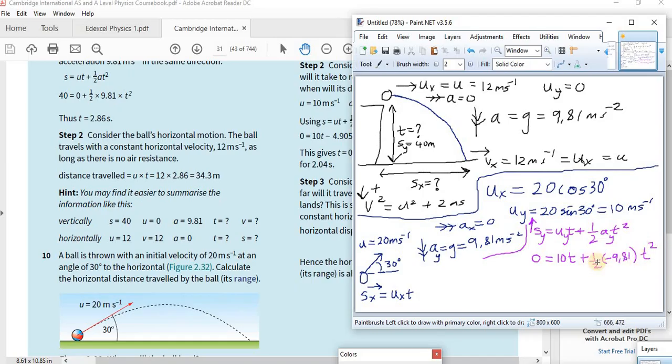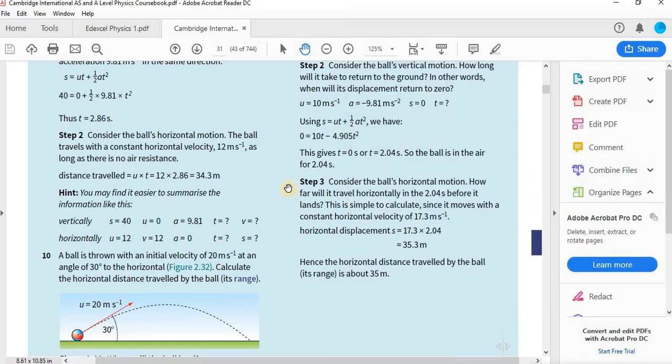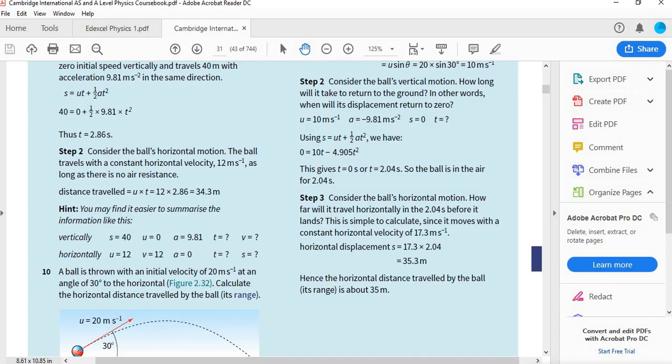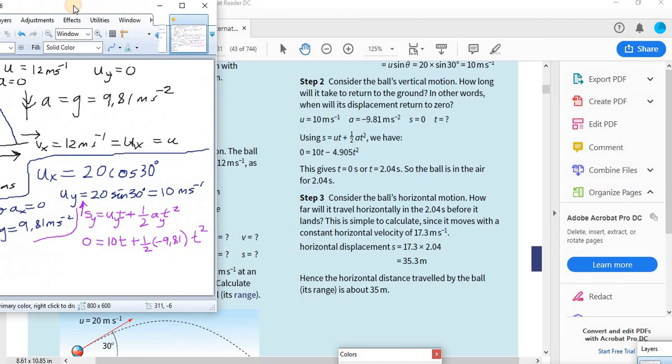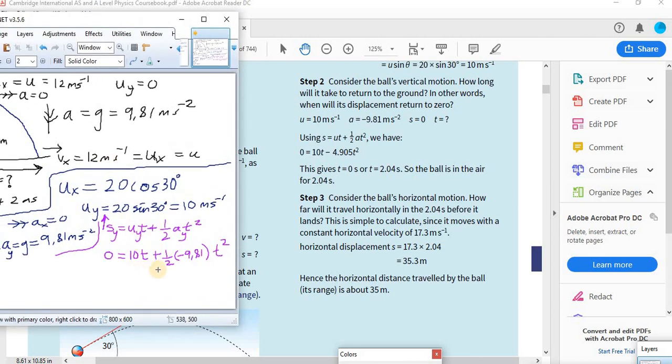So you have a quadratic equation here. Okay, so you can simplify this and find the time, and since they have done it, I will show you here. Again, can you see it's the same thing that we got? You see here 10t plus minus 9.81 divided by 2 is 4.905 t squared.